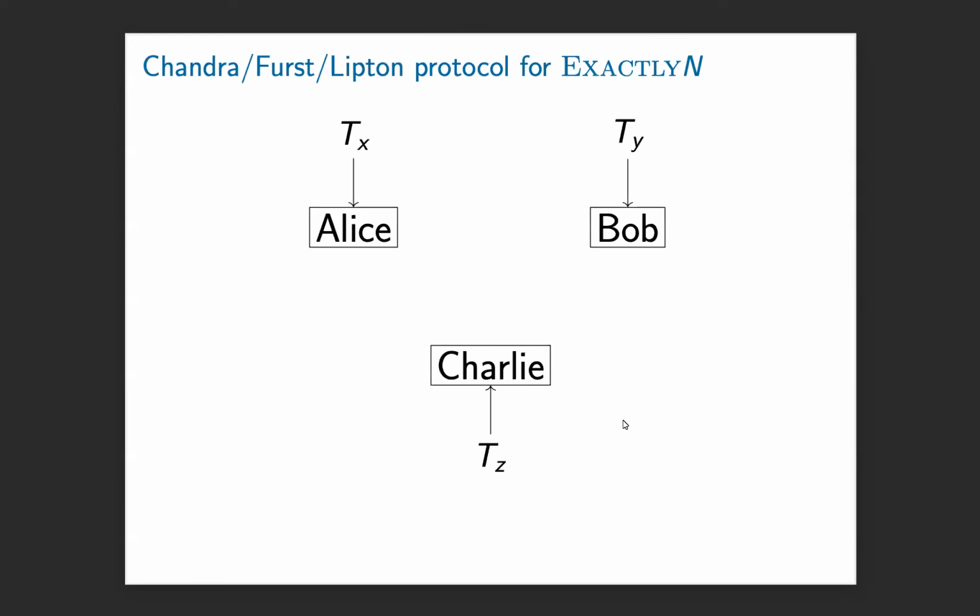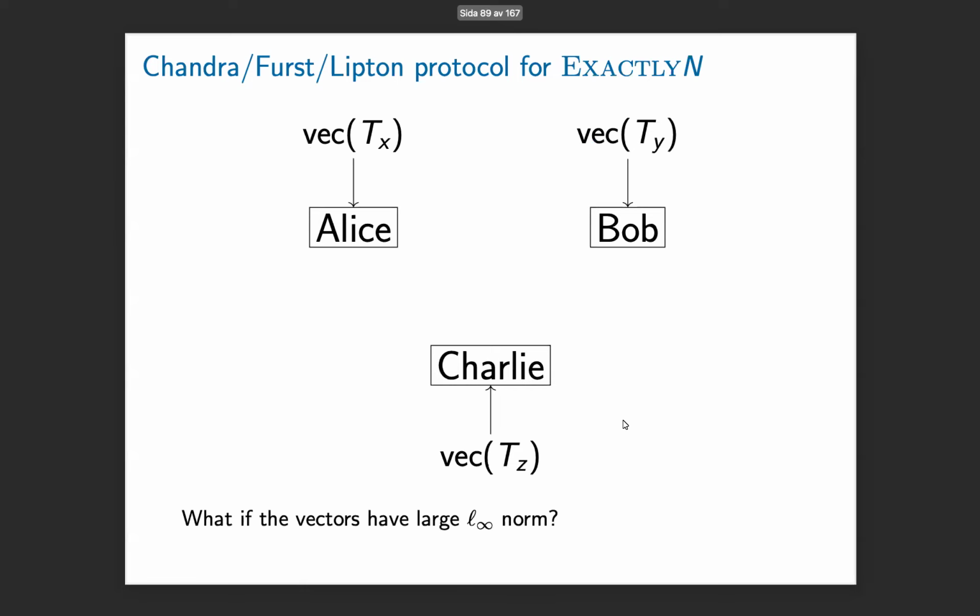Okay. Let's start out in the place that Chandra-Furst and Lipton left us, where we have these locally computed values tx, ty, and tz. We could take the vector representation of them. But what if these vectors have large L infinity norm? In Behrend's case, because he was just looking for a large set, he was okay with just throwing out the vectors that have large L infinity norm.